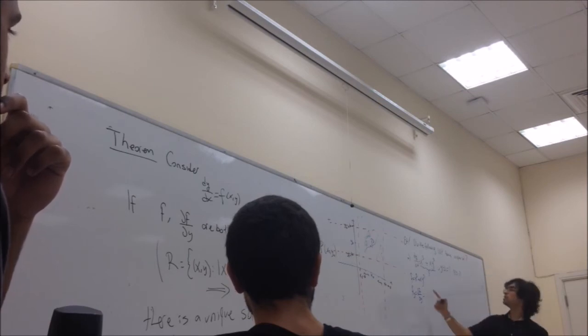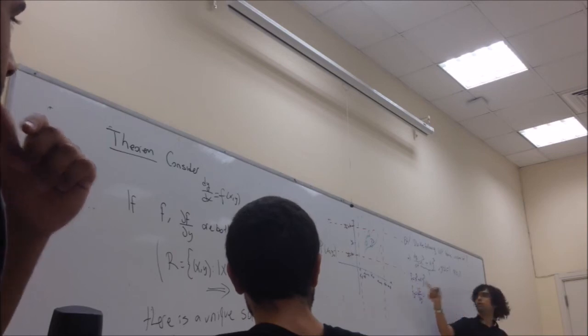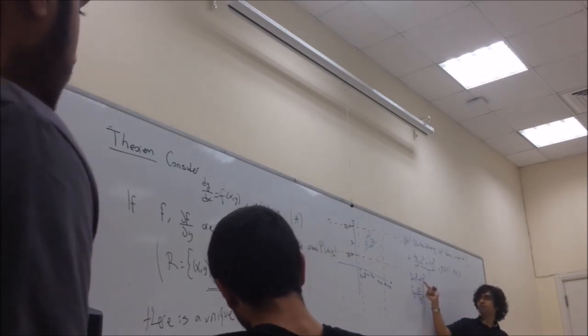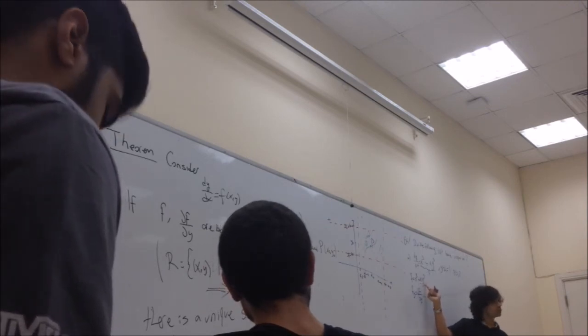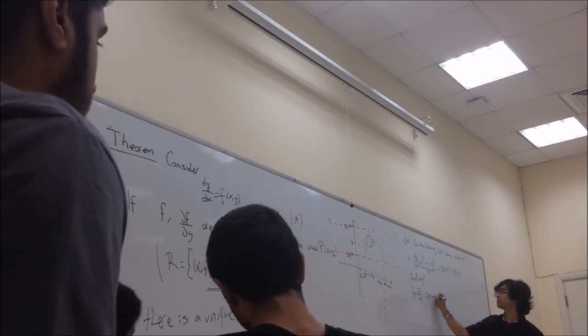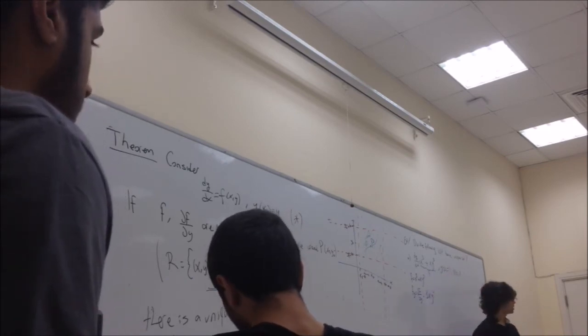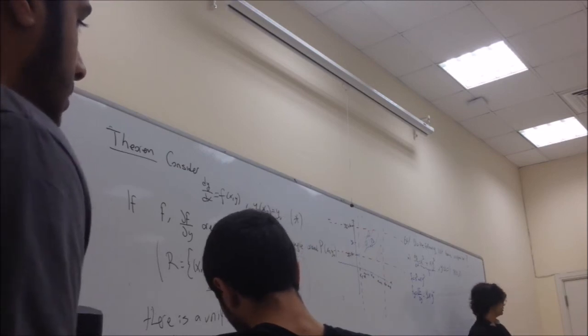So x cubed is constant, therefore its derivative is 0. And x times y cubed: this x will stay, you only differentiate y cubed, from which you get 3y squared. So it will be 3x y squared.